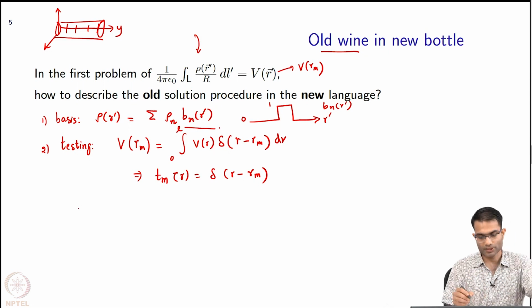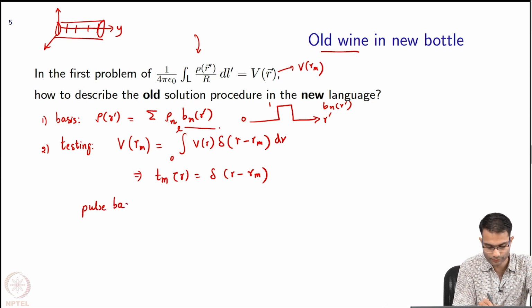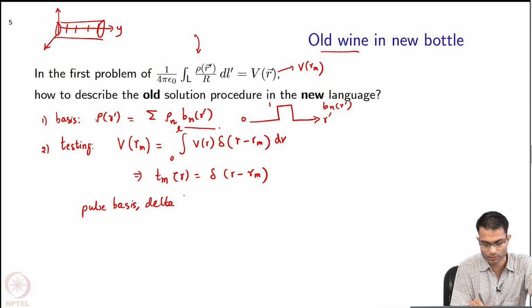So this method that we did is also called pulse basis and delta testing. Some places will call it point testing.